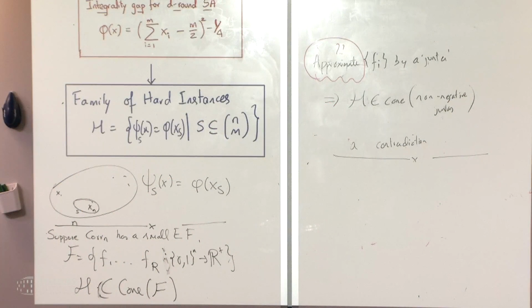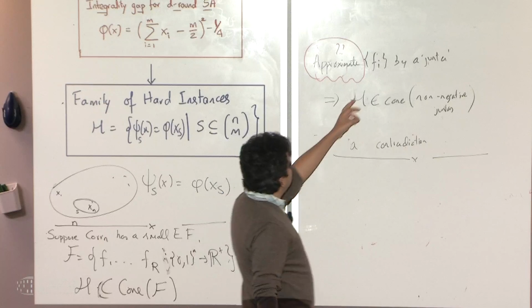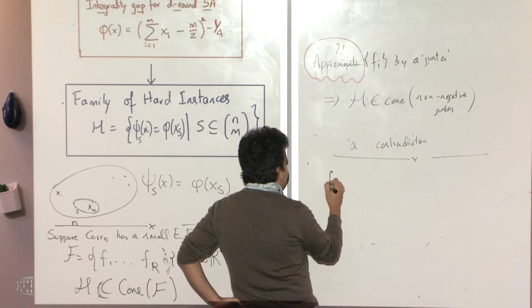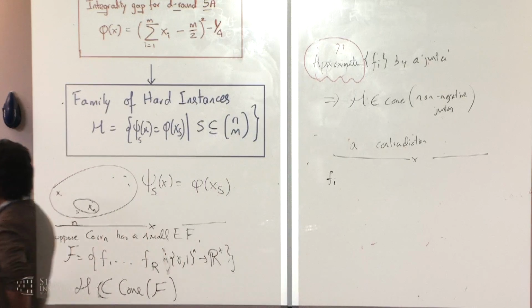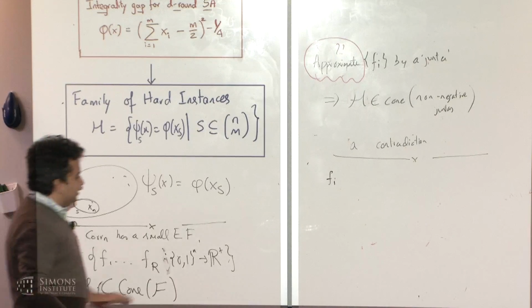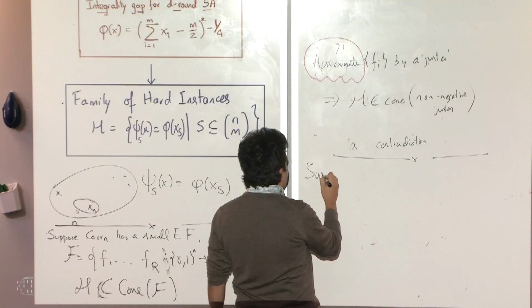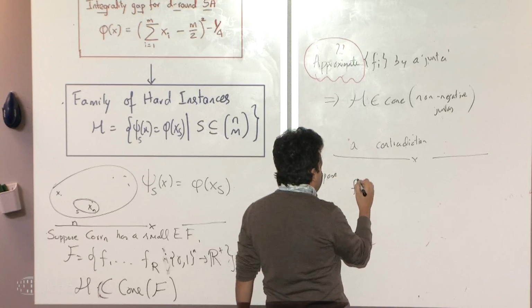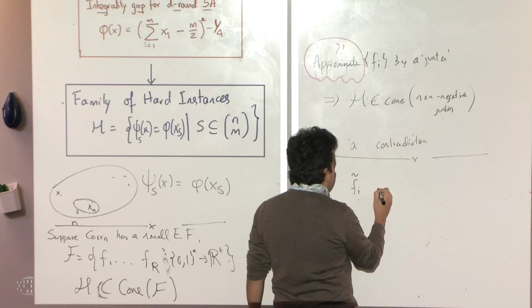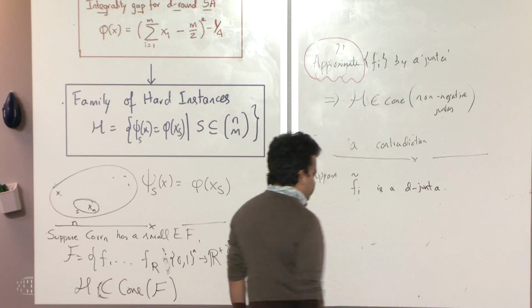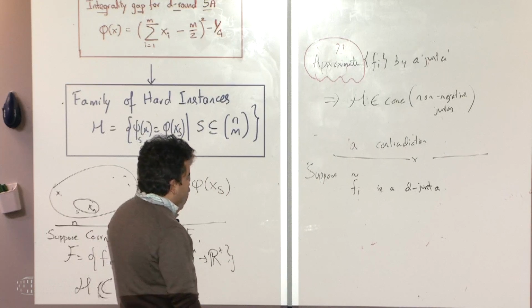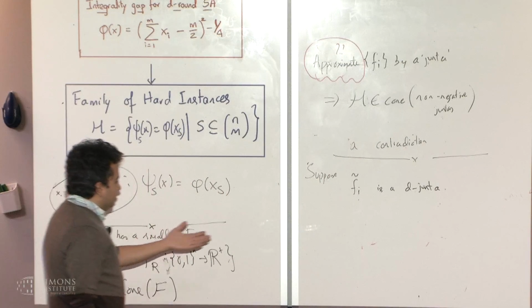Now the claim is, if we take each of these functions fi and approximate it by a d junta, suppose the approximator fi tilde for fi is a d junta. Then what do we know?